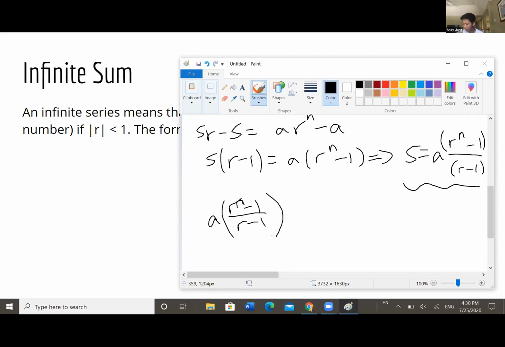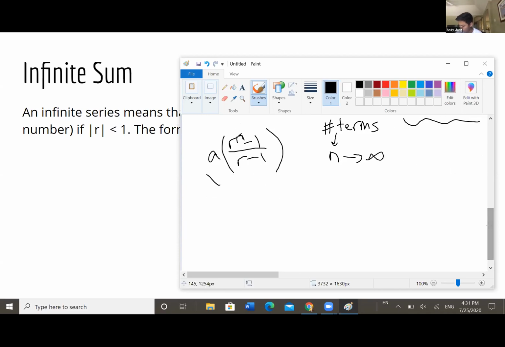Now, what does it mean to be an infinite series? That means my n approaches infinity. My n is the number of terms. So what happens to this equation when n gets super, super big?